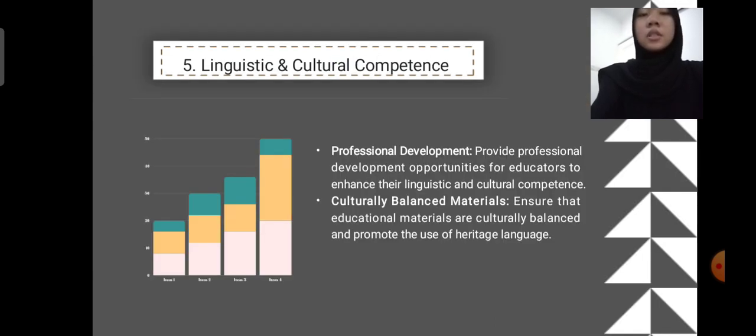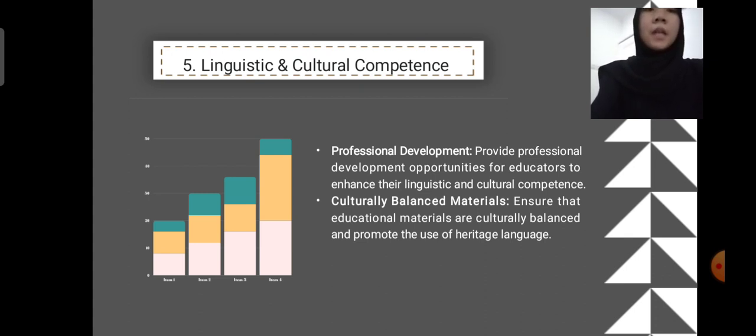This is the last strategy, linguistic and cultural competence. So there are professional development and culturally balanced materials. Professional development: provide professional opportunities for educators to enhance their linguistic and cultural competence.